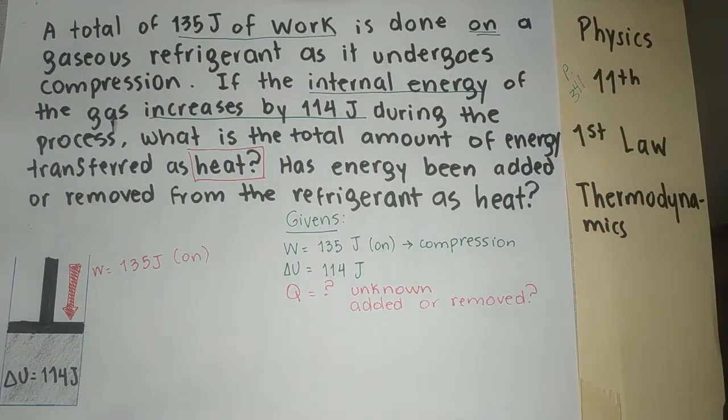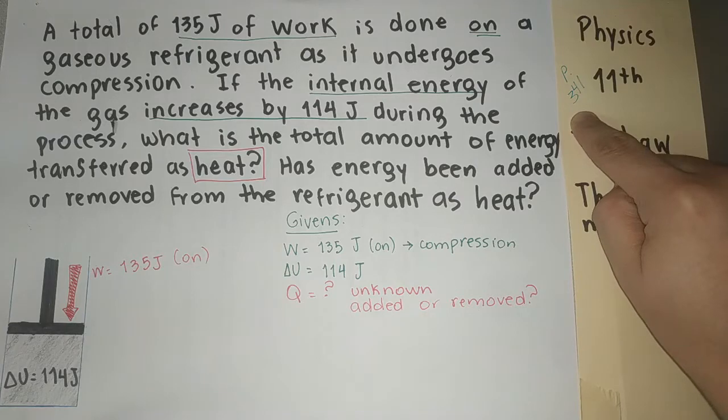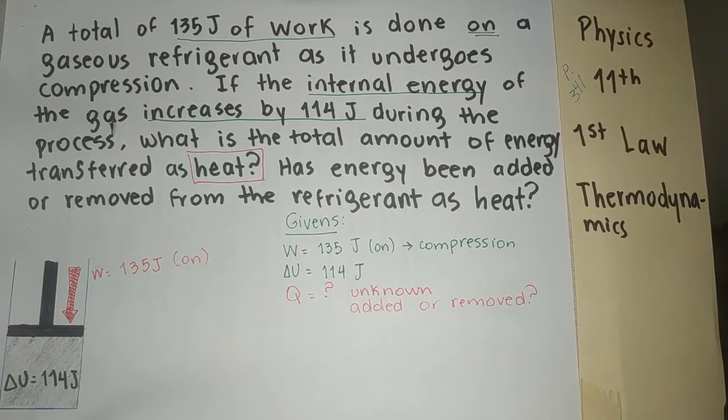Now, let's take a look at the first example. This sample problem, you can find it in page 341. So, I will read the problem, but I know that you can actually read it from here. It says, a total of 135 joules of work is done on a gaseous refrigerant as it undergoes compression.